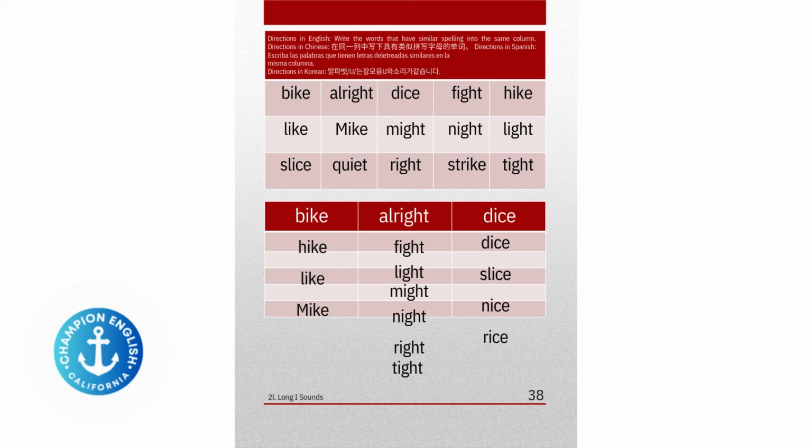Can you say that together? Dice. That's right, students. So we have dice, slice, nice, and rice. But mostly the first two were on the list, dice and slice. Good job, everyone.